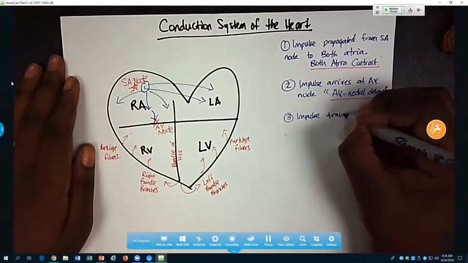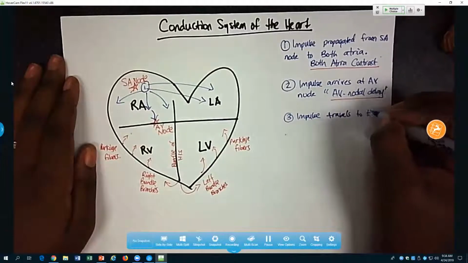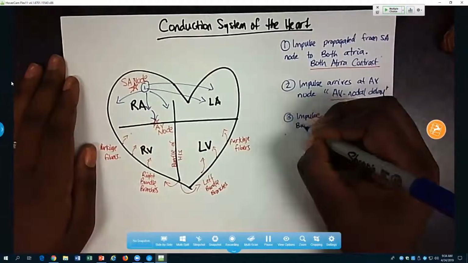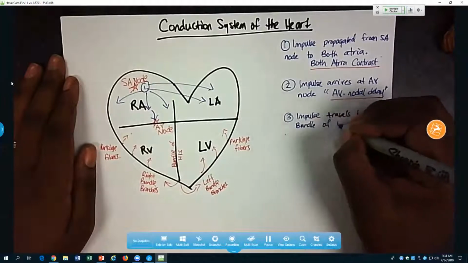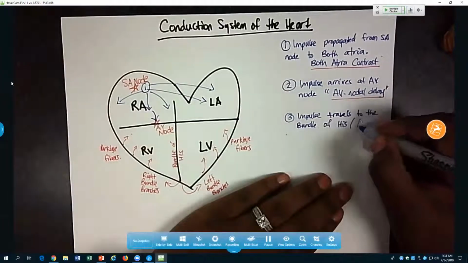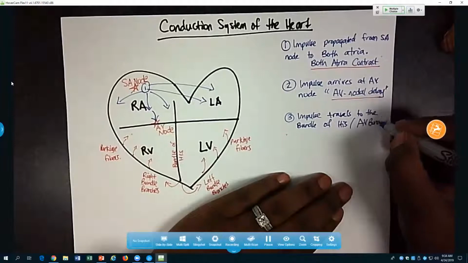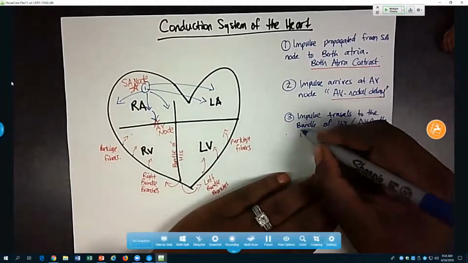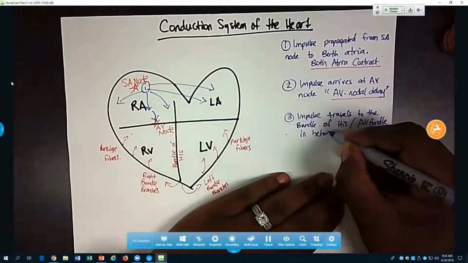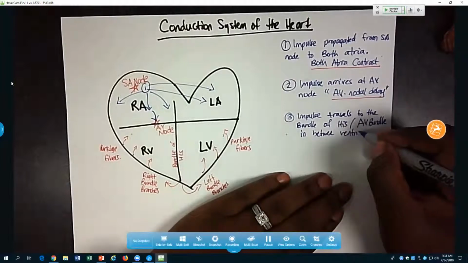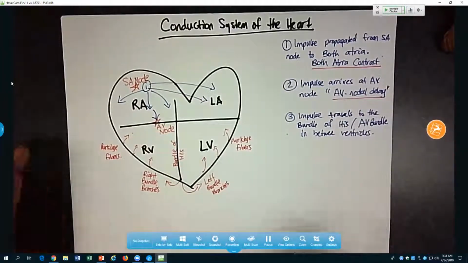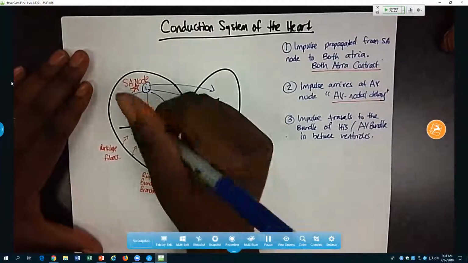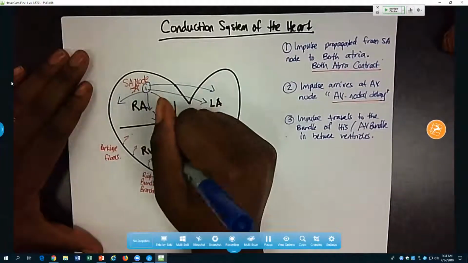So the impulse travels to the bundle of His, also called the AV bundle, which is in between the ventricles. Okay, so the impulse is going to travel here.